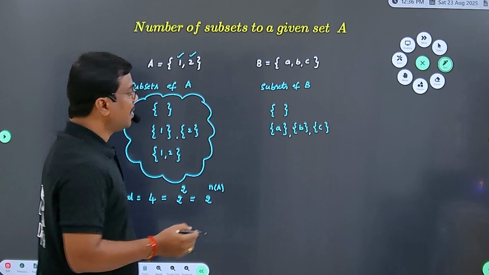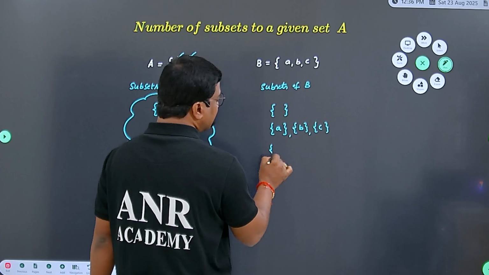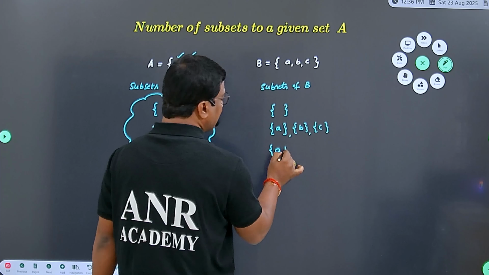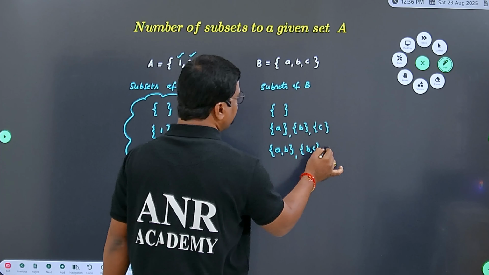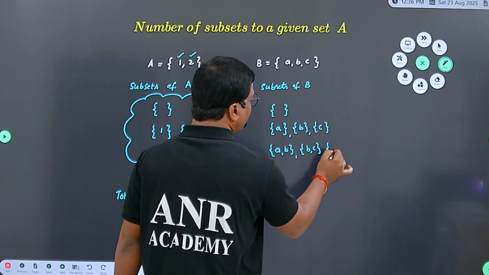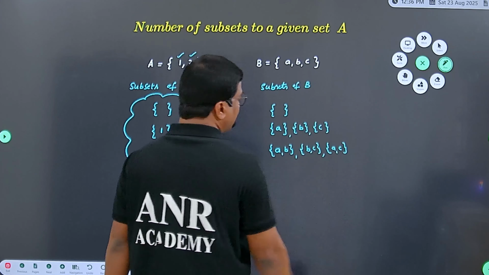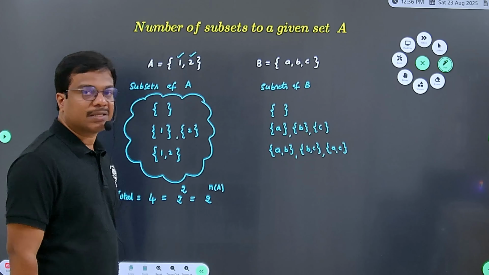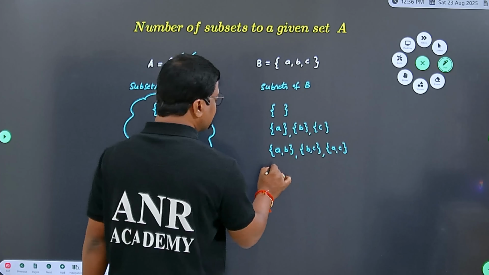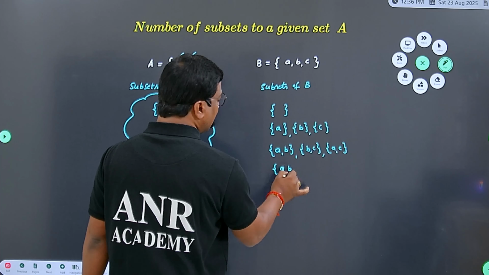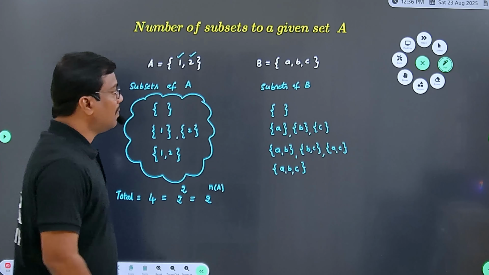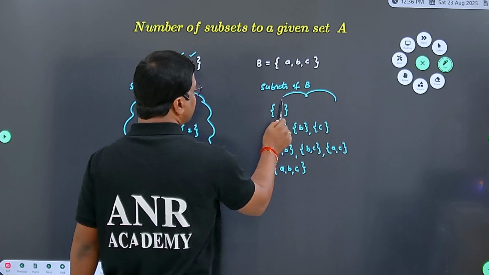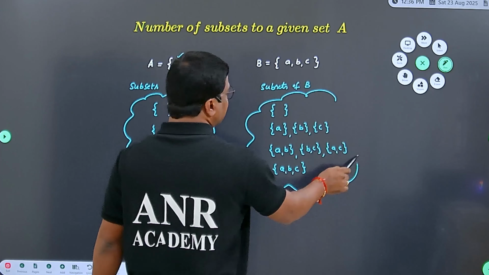Next, sets containing two entries: {a, b}, {b, c}, {a, c}. Next, the set containing all the entries, since every set is a subset of itself.